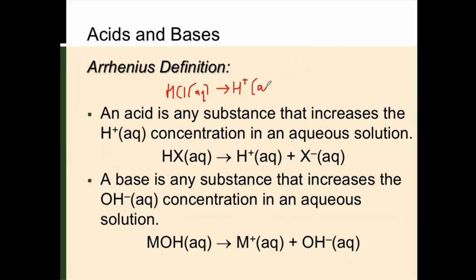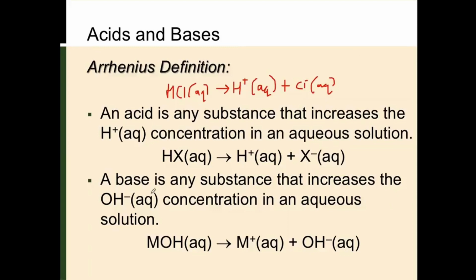So the Cl minus here is pretty much a spectator ion, doesn't really do much in terms of this reaction or any neutralization reactions. So you can see that it does increase the concentration because we're producing some protons, H plus ions, as we go through the reaction.